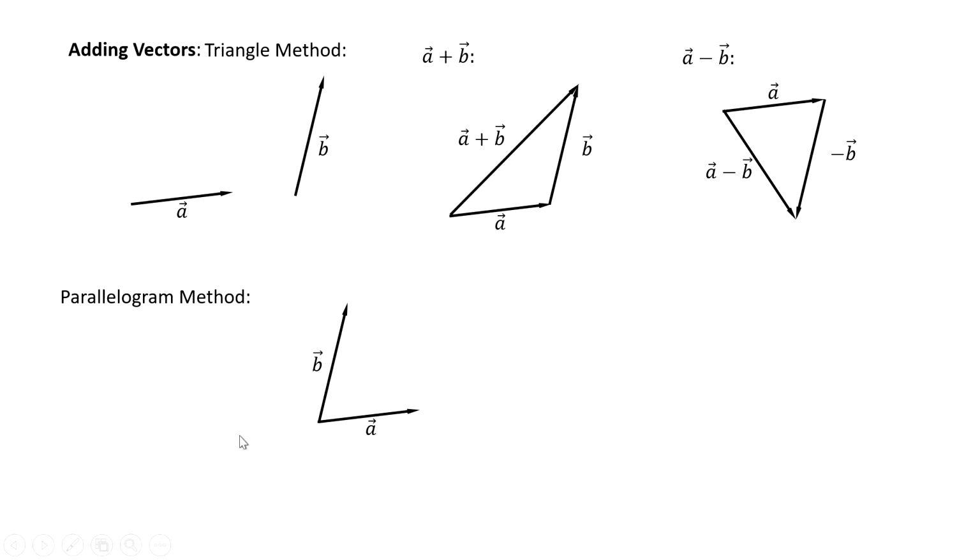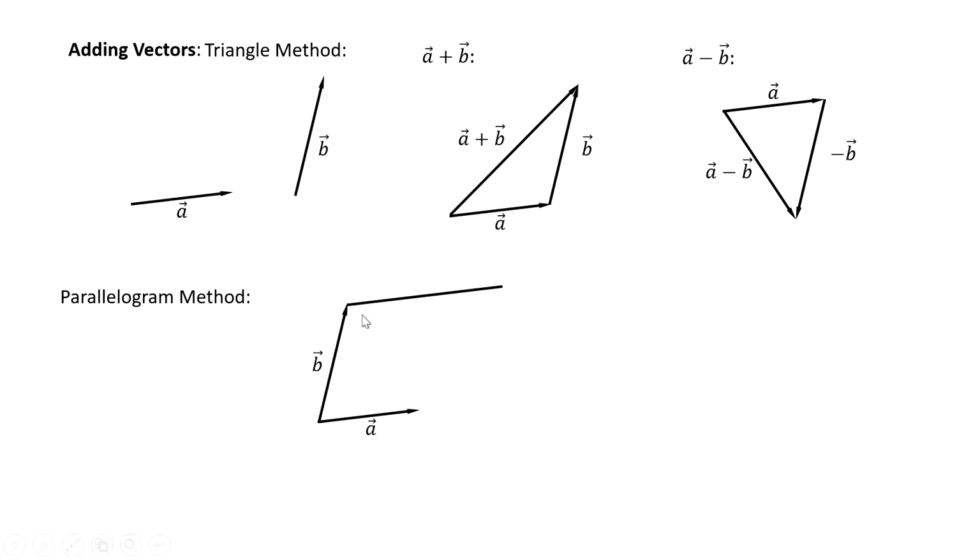Okay? So once we do these two vectors, now go to the head of B, and draw a line parallel to A. Like that. Similarly, go to the head of A, but this time draw a line parallel to vector B. Cool?